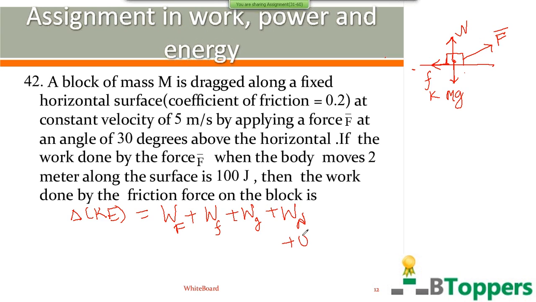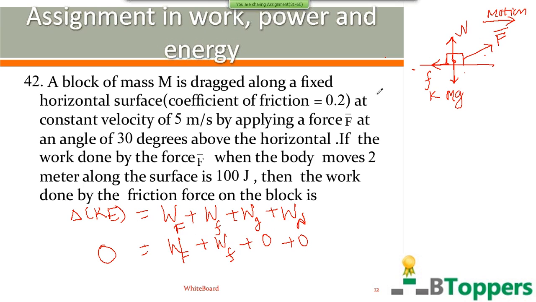That will be 0 because the normal reaction force on the block acts perpendicular to the direction of the motion of the block here. W subscript G, the work done by the gravitational force on the block, is also 0 because the gravitational force acts perpendicular to the direction of displacement. The kinetic energy of the block is constant, therefore the change in kinetic energy is 0. W subscript capital F represents work done by the constant force F bar applied on the block.